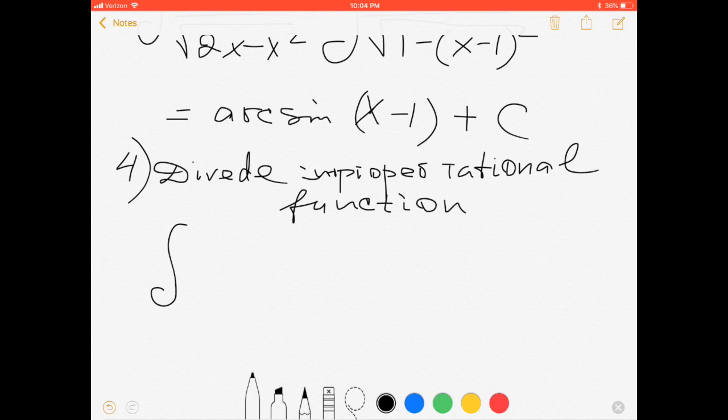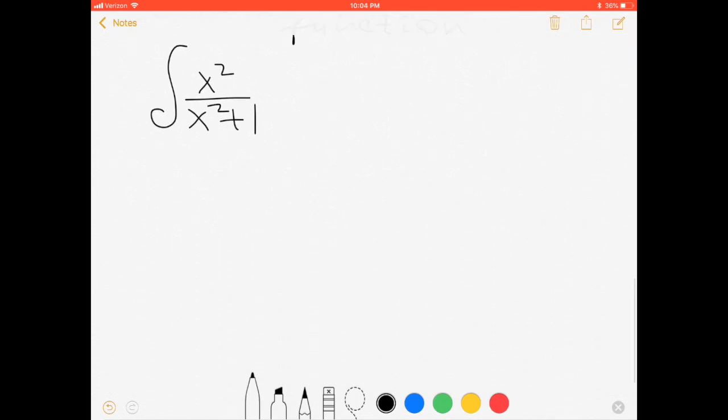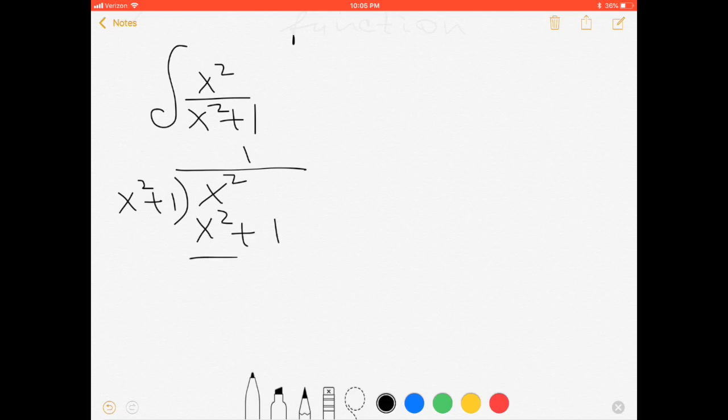Let's go. We have the integral of x squared over x squared plus 1. If you remember how to divide, you have x squared, we divide by x squared plus 1. It will be 1. x squared plus 1, subtract, it will be negative 1. Negative 1 is our remainder.